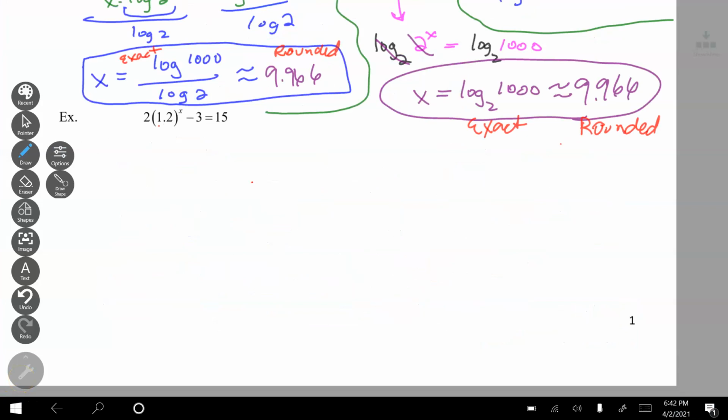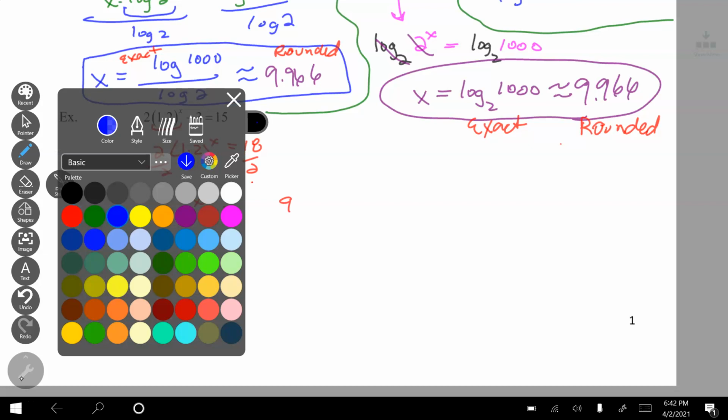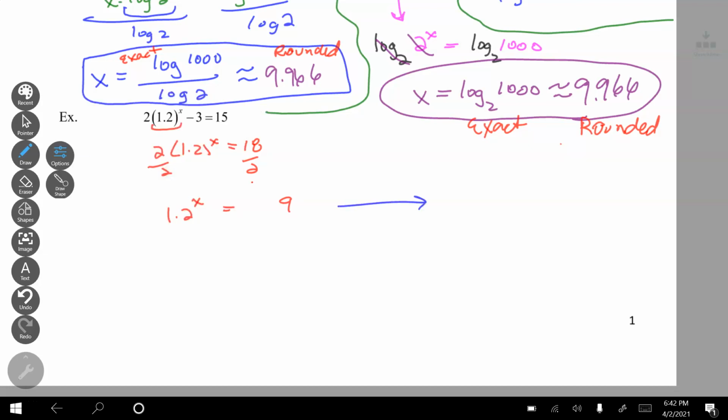Okay, this next problem, I do need to isolate this exponential part, so I'm going to add 3. I'm going to divide by 2, and right now I have 1.2 raised to the x is equal to 9. And if I wanted to, I could do that whole special way of doing it, and I'll come back to do that. But what I normally do, I just log both sides. So when I log both sides, this x that's in the exponent drops in front.